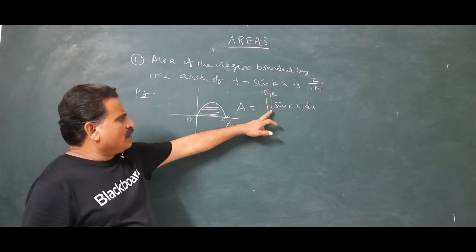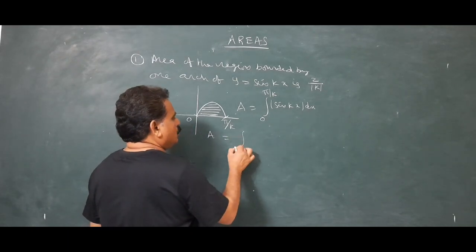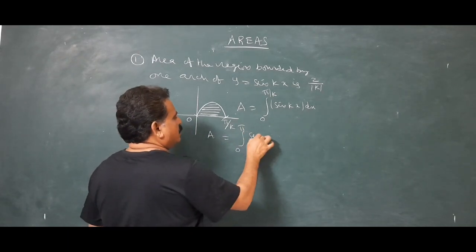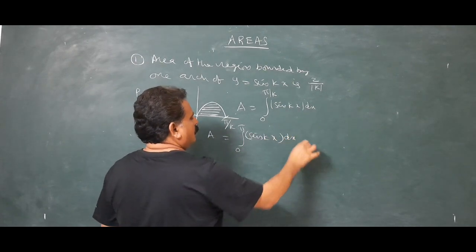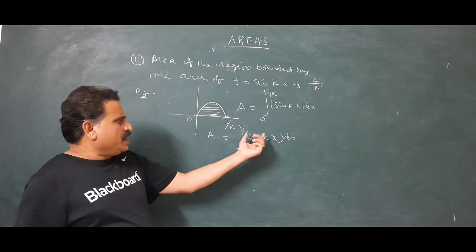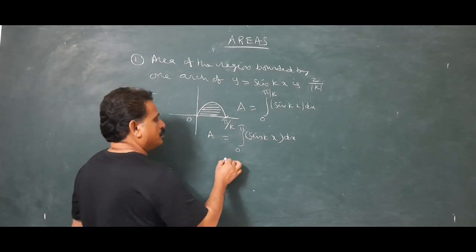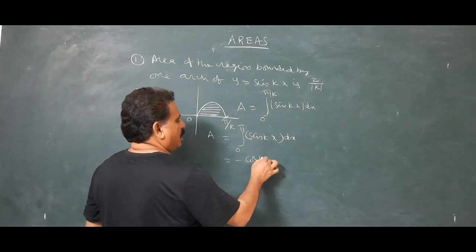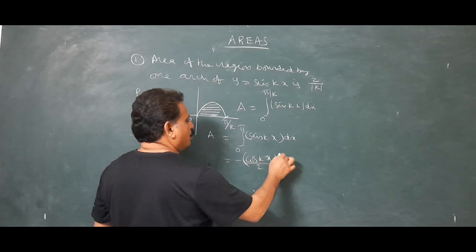In this interval, sin kx is positive. So area equal to integral 0 to pi by k of sin kx, free from modulus. That is, sin kx integration is minus cos kx by k, over the limits 0 to pi by k.